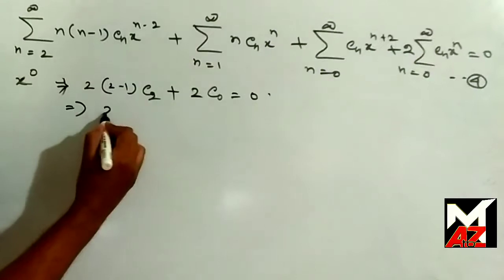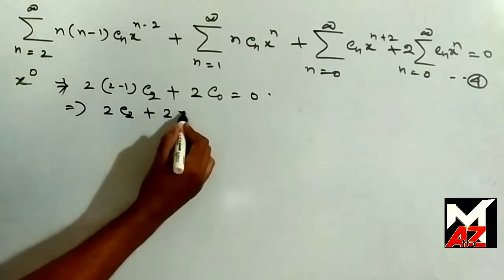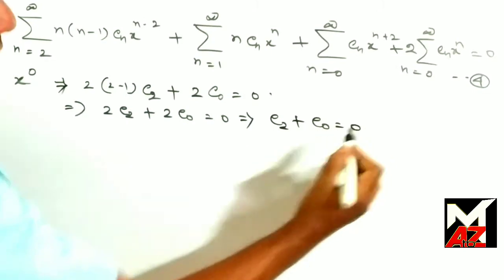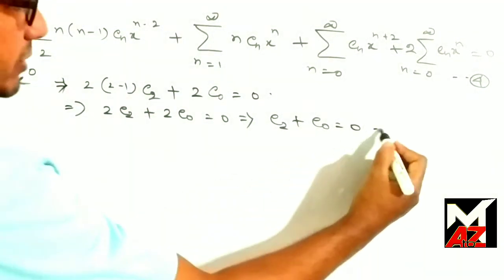That is 2C2 plus 2C0 equal to 0. That is C2 plus C0 equal to 0, and this is 5.